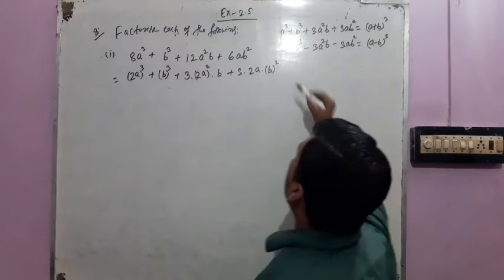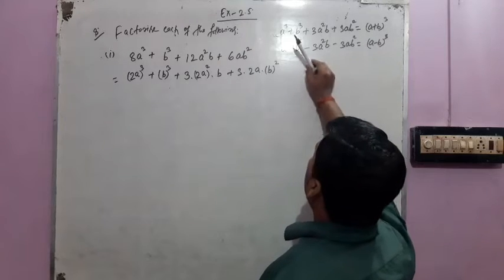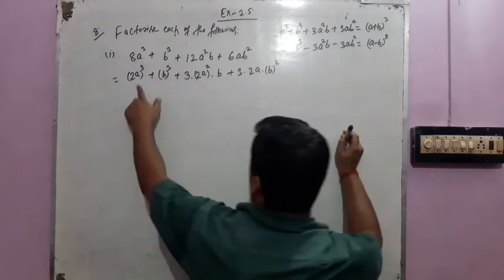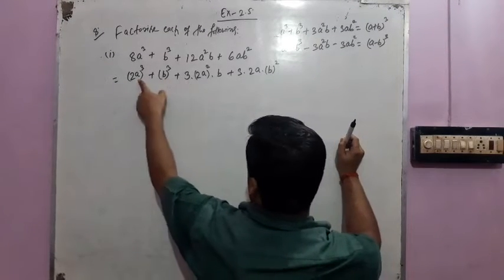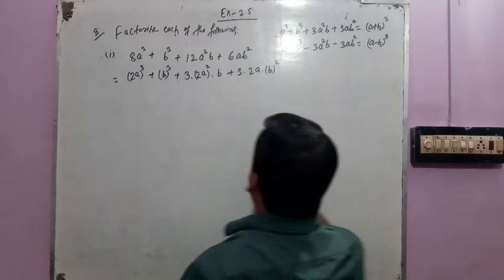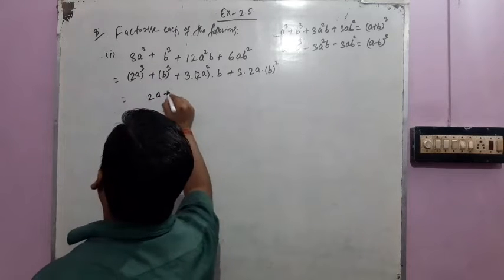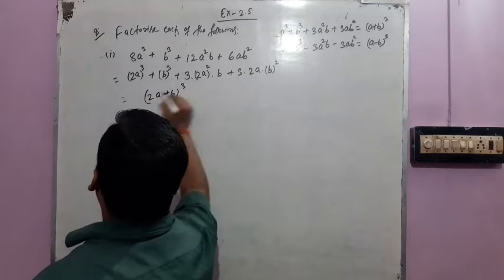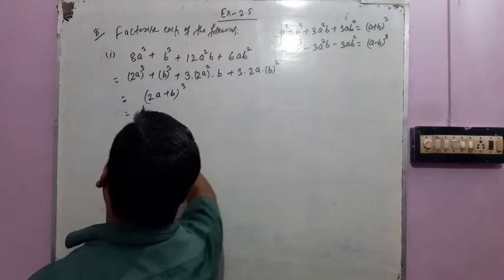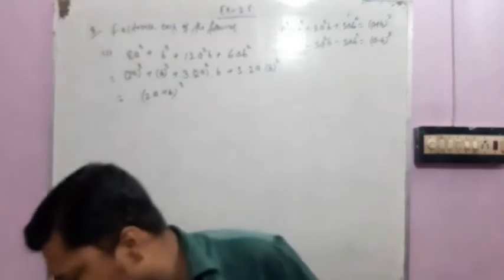So students, looking at this identity, you can judge that the cube of a plus cube of b plus 3a square b plus 3ab square is equal to whole cube of a plus b. So we can write it as 2a plus b whole cube. Okay students, any confusion?